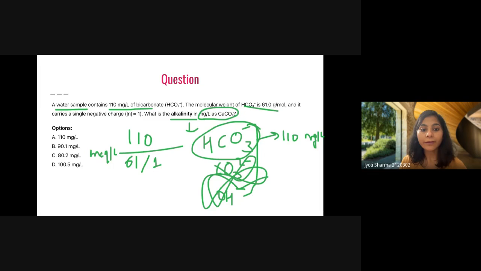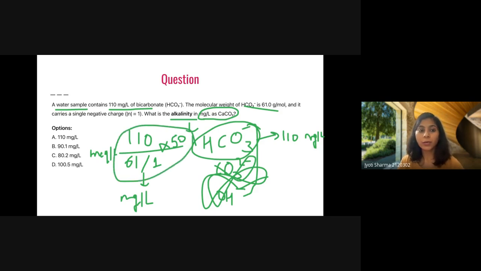Then we multiply it by 50, and whatever concentration we get will be in mg per liter as CaCO3, and this will give you the alkalinity. So we just need the concentration of bicarbonate in mg per liter as CaCO3, and based on that we will get the answer. Let me show you how we can do this.